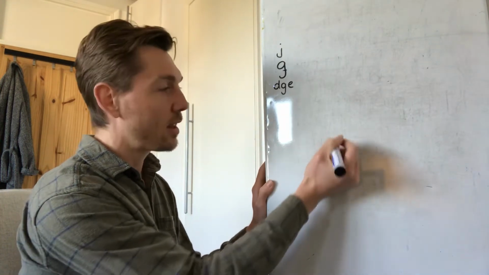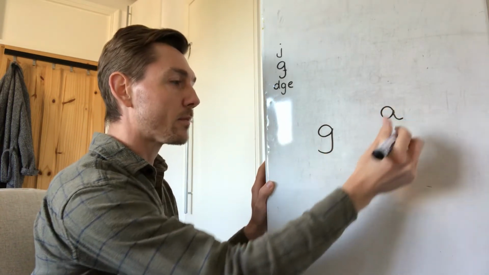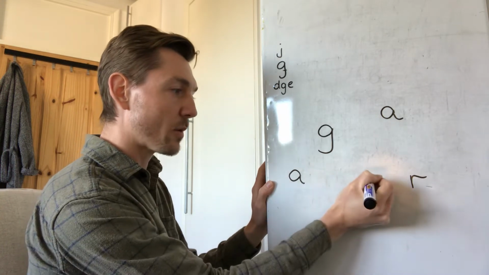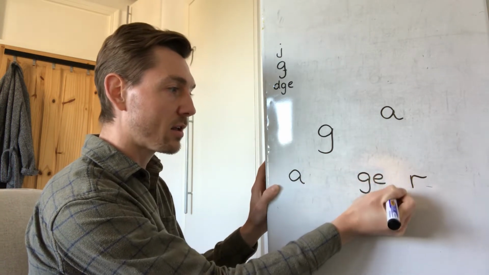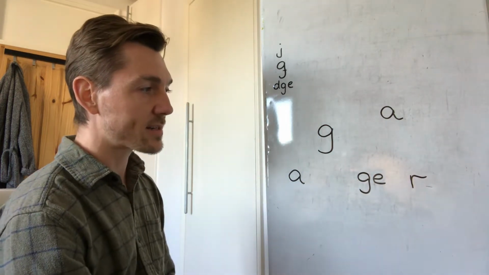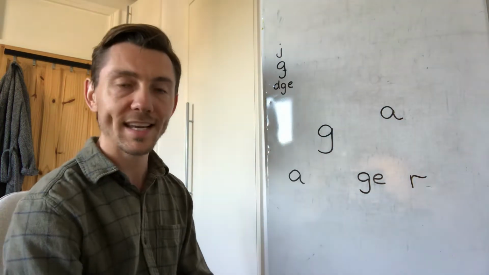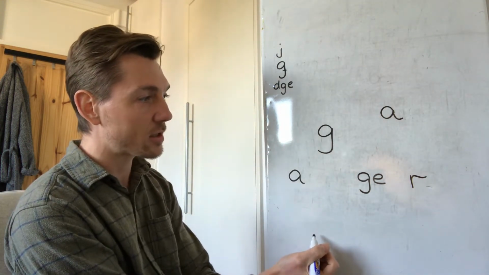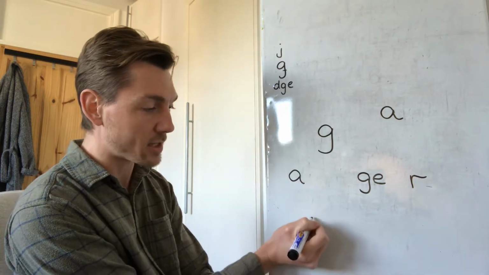Okay, next word. And this is where we keep, some of us, our car overnight in our house. It's a garage. So these are the sounds that we need to build the word garage. Garage. And see if you can spot the j spelling in garage.